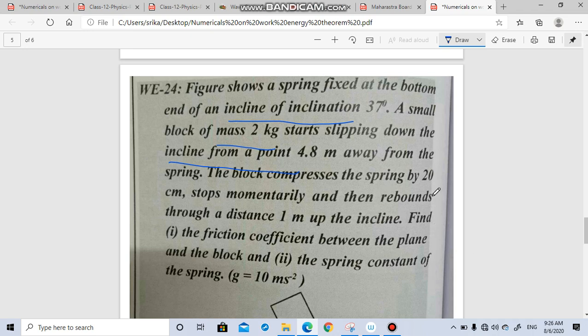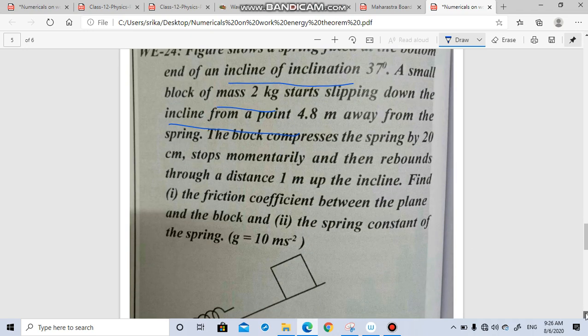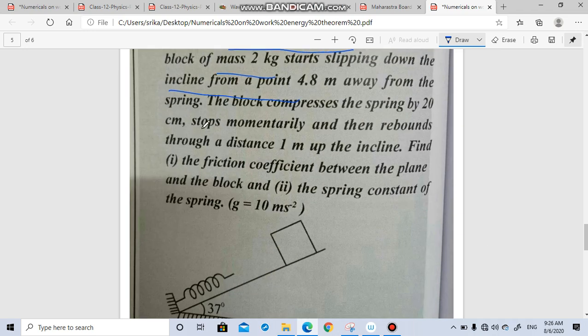The block compresses the spring by 20 centimeters, stops momentarily, and then rebounds through a distance 1 meter up the incline. Find the frictional coefficient between the plane and the block. Mu value you have to find out. You also have to find the spring constant, the k value.